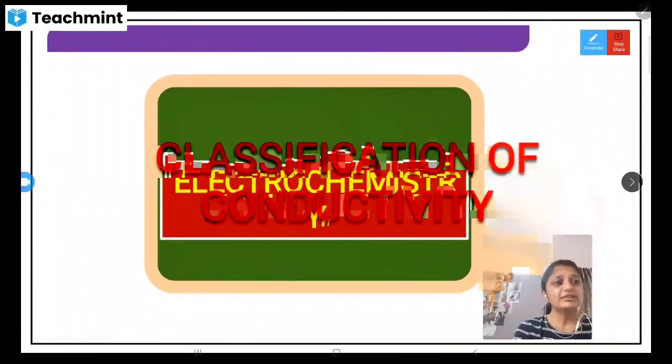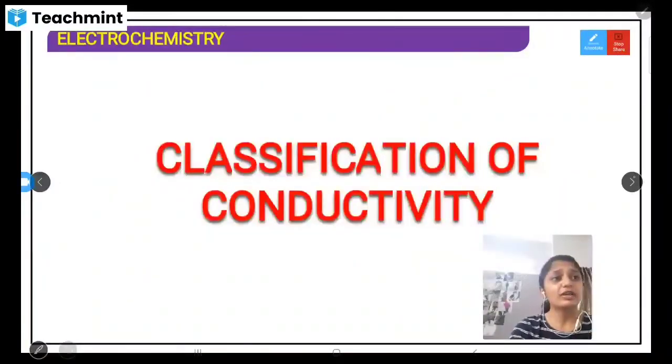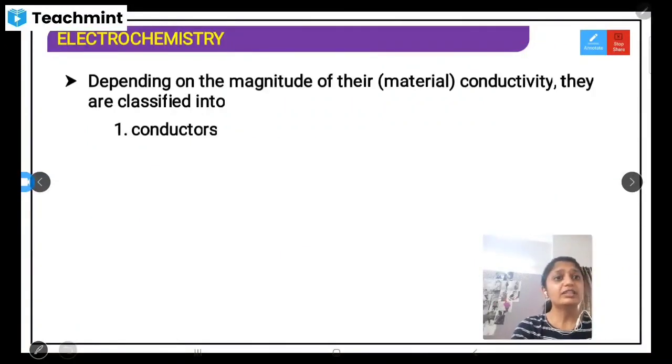Students, our next topic is classification of conductivity. Depending on the magnitude of their conductivity, they are classified into three types. First is conductors, second is insulators, and the third one is semiconductors. Are you aware about this point, students?